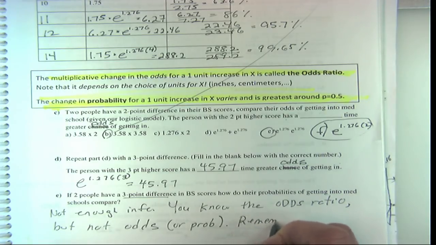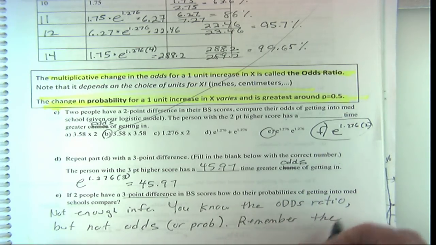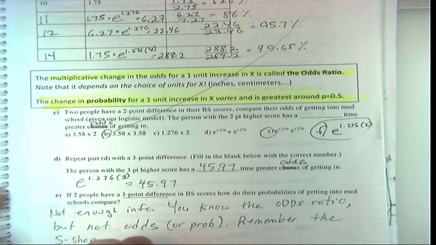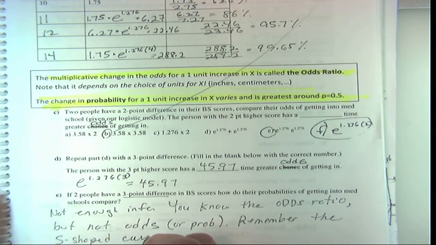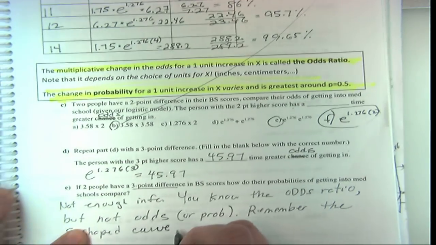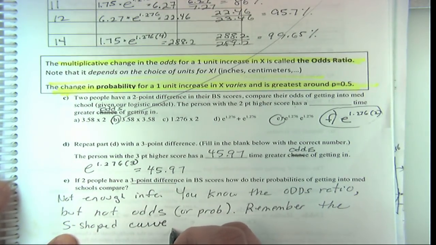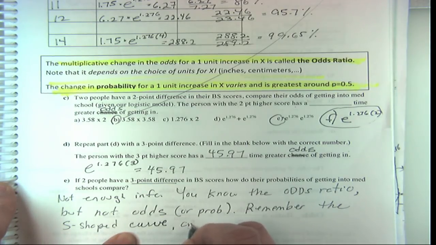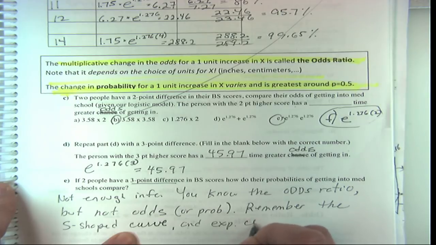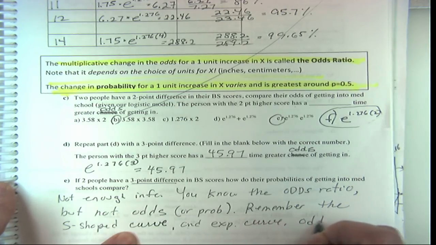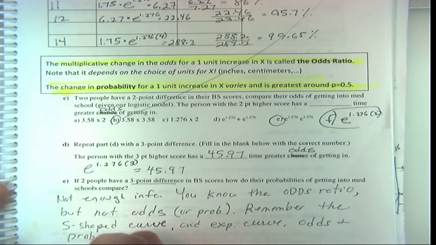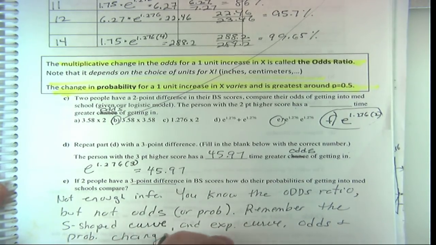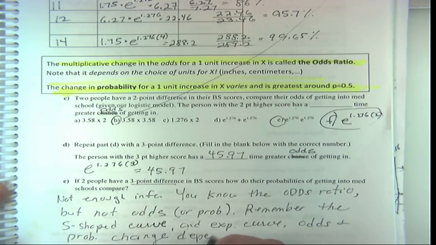So remember the picture we just looked at. Remember the S-shaped curve, and also the exponential curve, the odds. Odds and probabilities change depending on x.